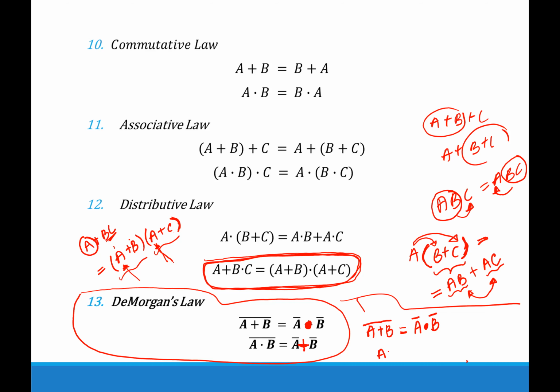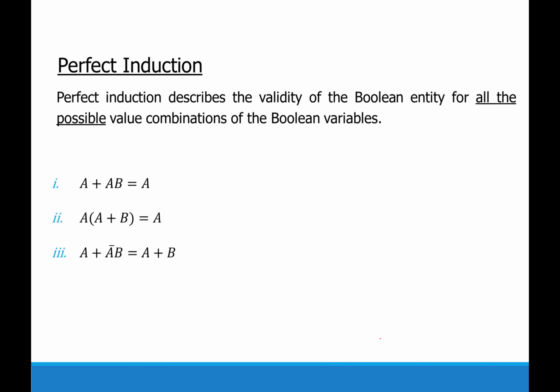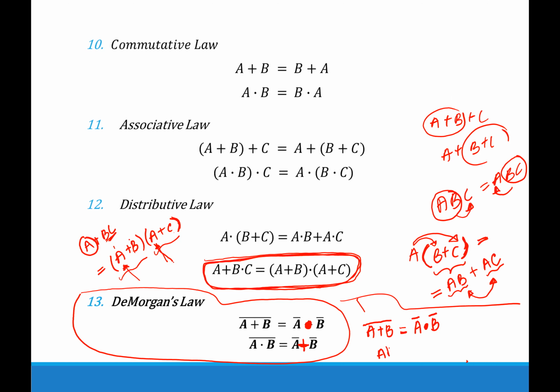Sorry about that. Here we have the multiplication of A and B. After taking the complement, we can split this one into the summation like this. That becomes A bar plus B bar. Am I correct? That's a mistake.